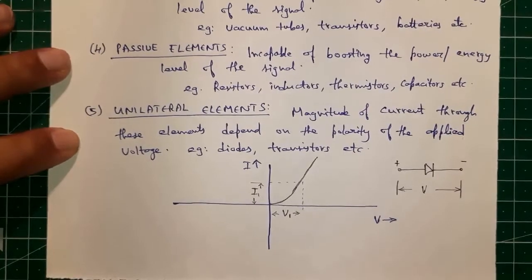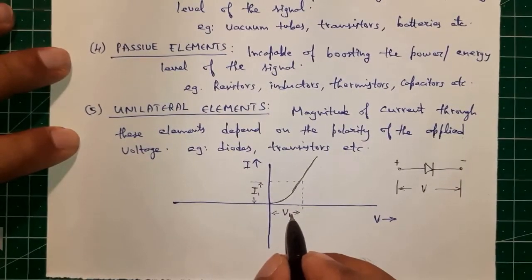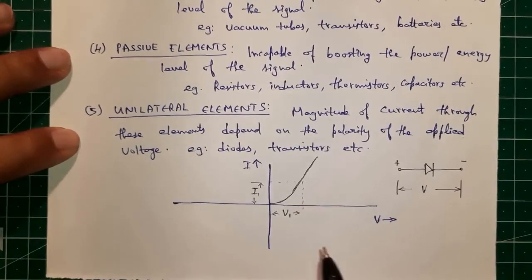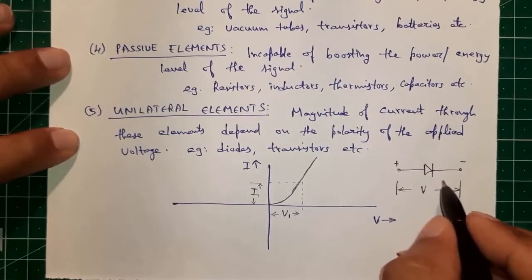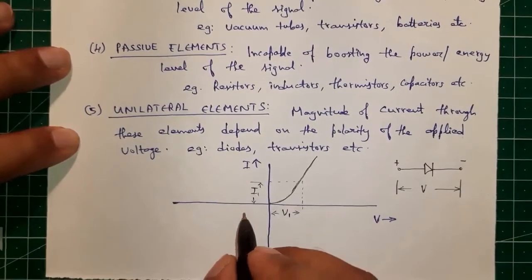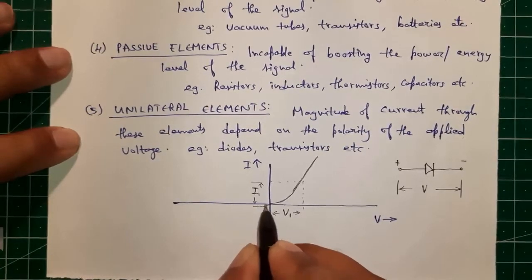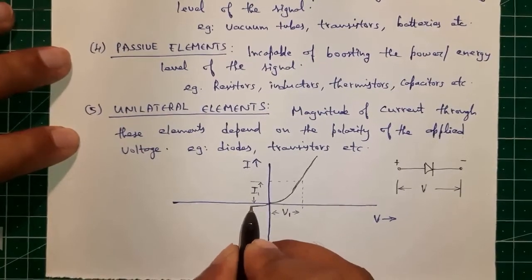The positive direction. Now I reverse this voltage, same magnitude but in the reverse manner. That is, here positive will come and here minus will come. This is reverse biased. So what is the shape? This is the reverse bias characteristic.